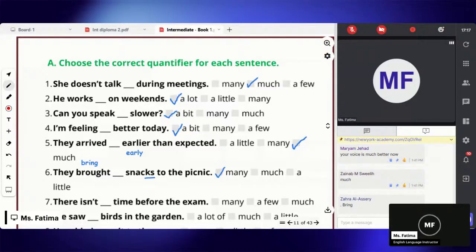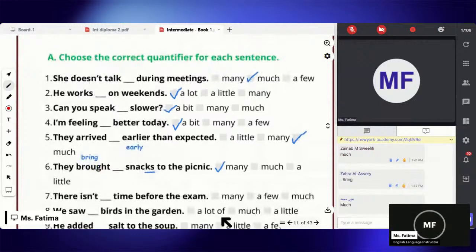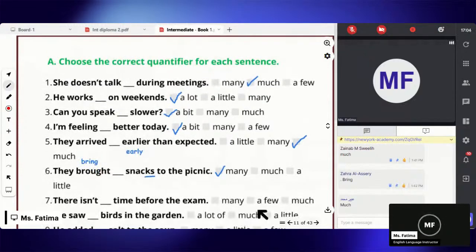There isn't time for the exam. There isn't many time. There isn't a few time. There isn't much time. Time. A time, two time, three time, four time. What do you think?